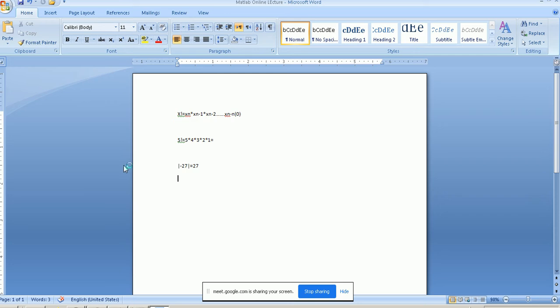This is the absolute value. If you want to find the absolute of minus 100, the result is going to be 100. If you want to find the absolute of anything, it will change the negative sign to a positive sign. It's going to be positive.